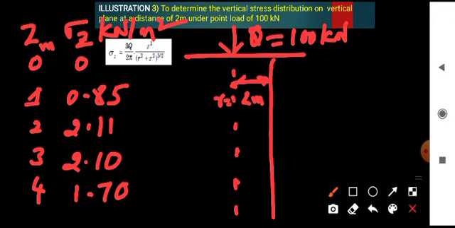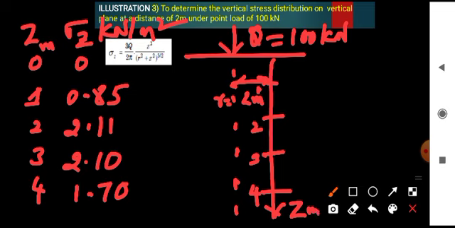Now along this vertical axis, we have to mention the depth values: 1 meter, 2 meter, 3 meter and 4 meter. These are the depth values in terms of meter.